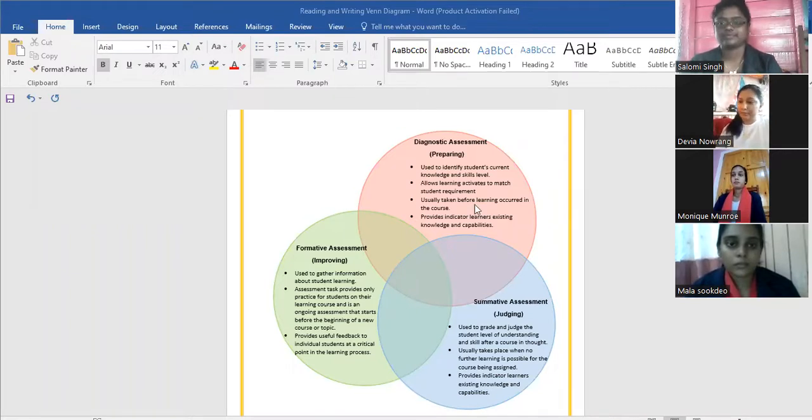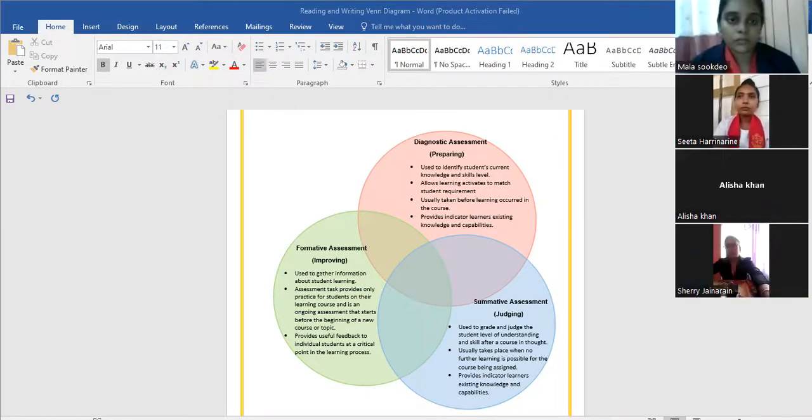Yes, to add to what Ms. Sita just said, my understanding of the three types of assessment is this. Diagnostic assessment helps to identify the child's background. Formative assessment is an ongoing assessment that you can do on a day-to-day basis or even weekly.